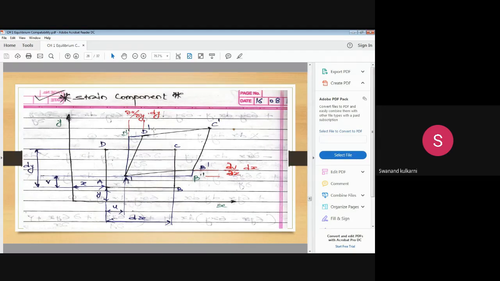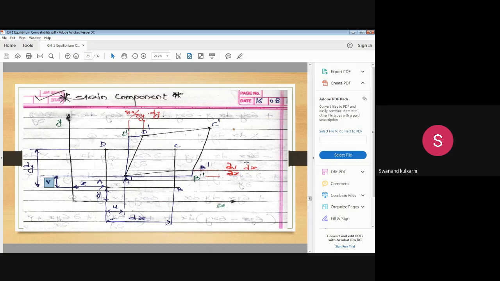If this is the final shape of this body, we have considered that u and v are the displacements along x and y direction. u is the displacement along x direction, v is the displacement along y direction.